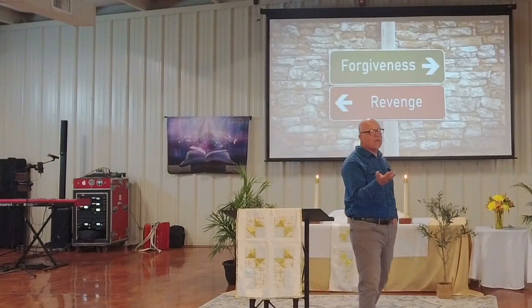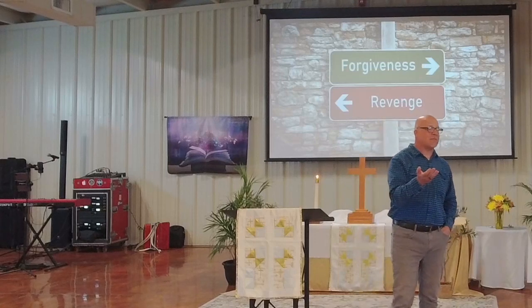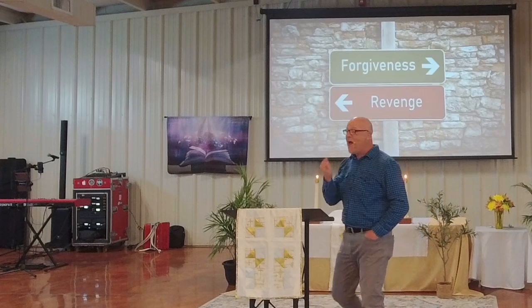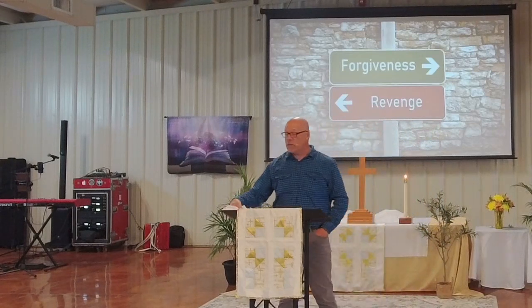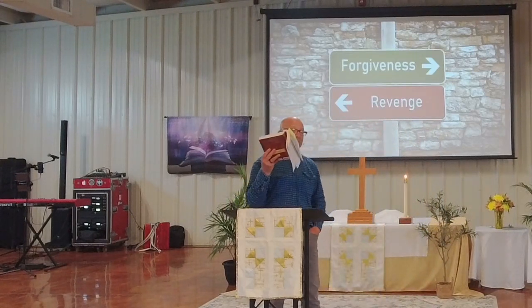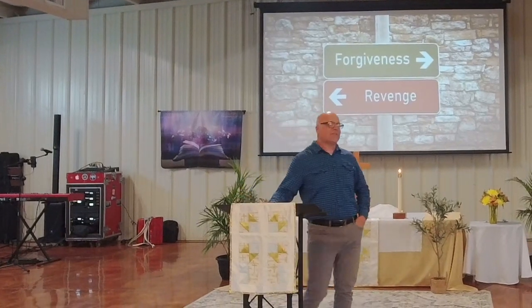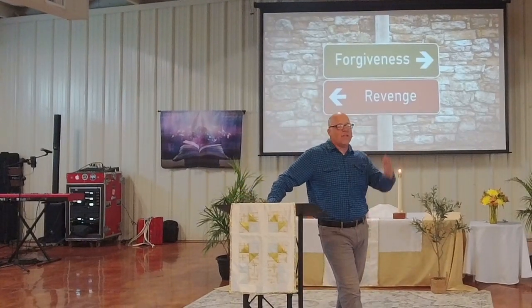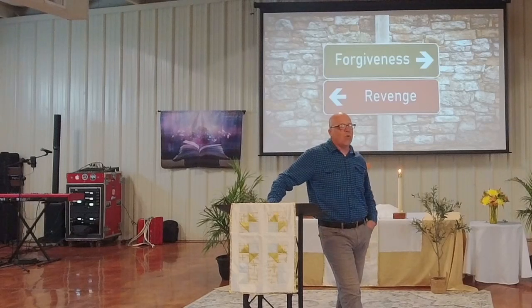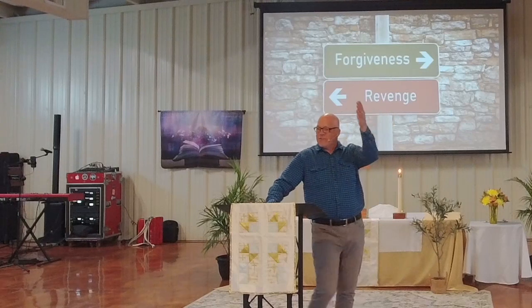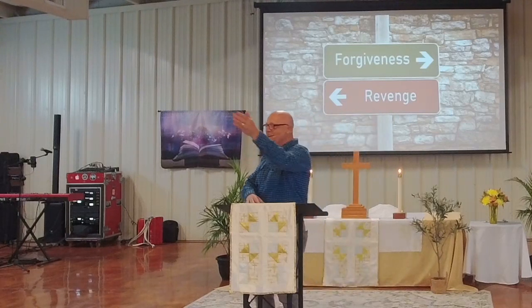Now, according to the Mosaic law in Exodus 21, we learn that David actually, by God's law, has the right to exact vengeance. It's called the lex talionis. And what it really means, and you guys probably remember this verse, this whole idea in the Mosaic law: an eye for an eye, a tooth for a tooth, and a limb for a limb.